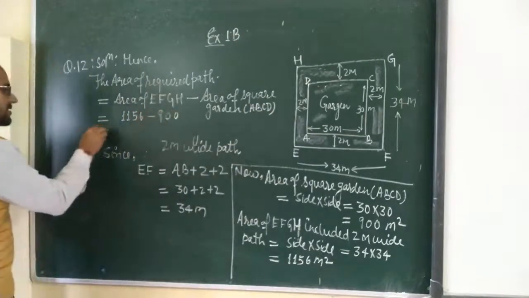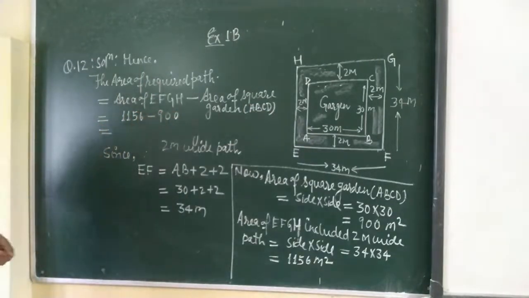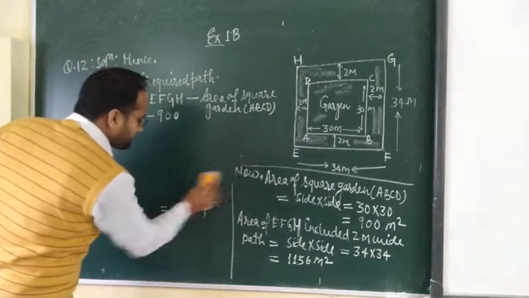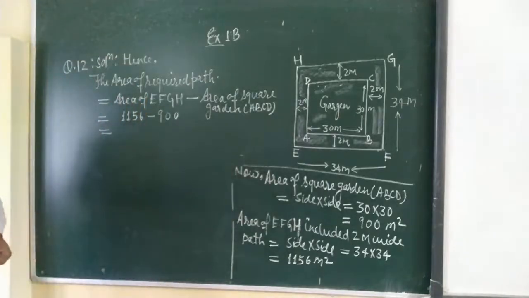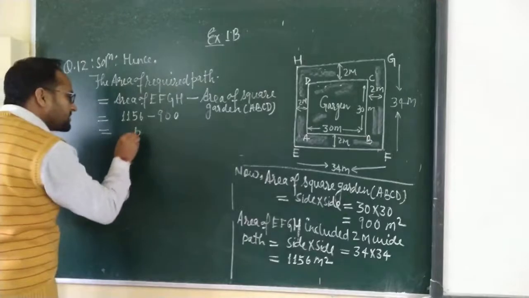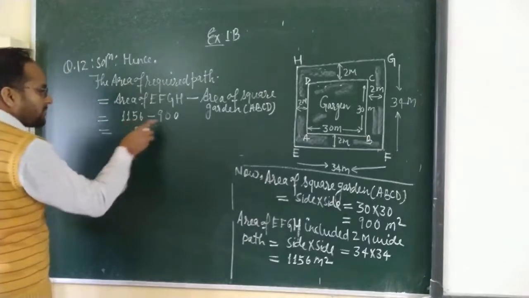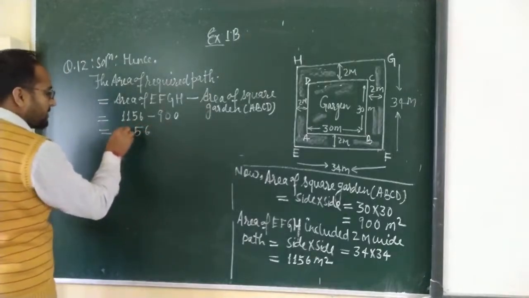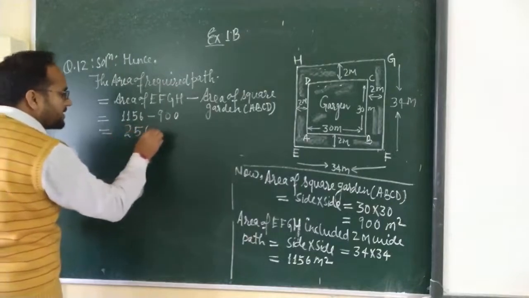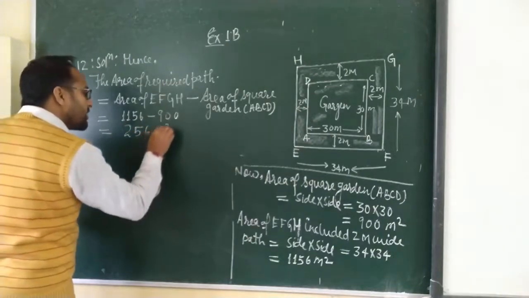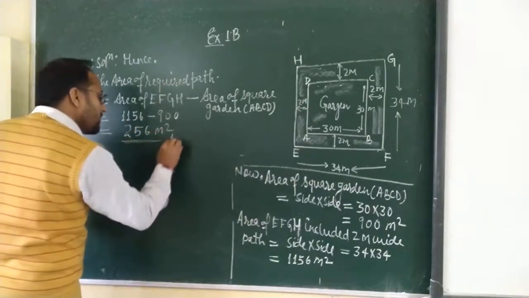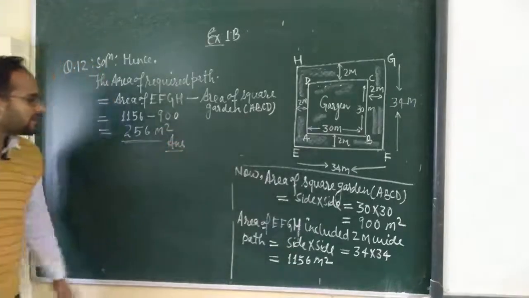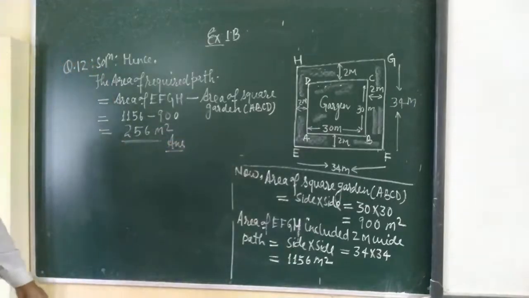If you subtract this, you will get 256 meter square, the area of this path.